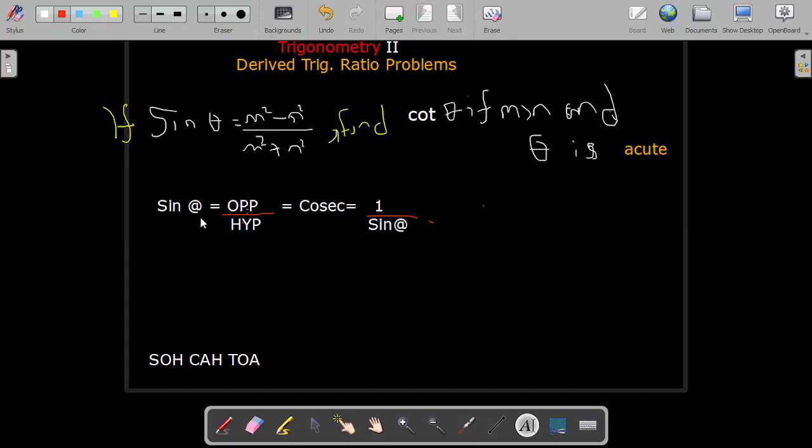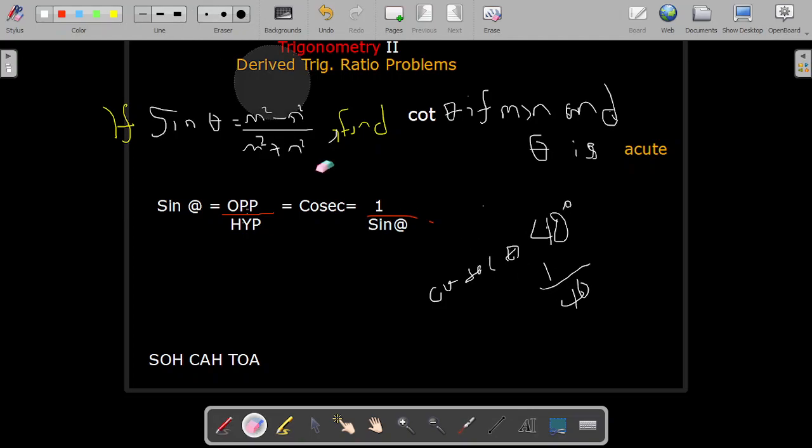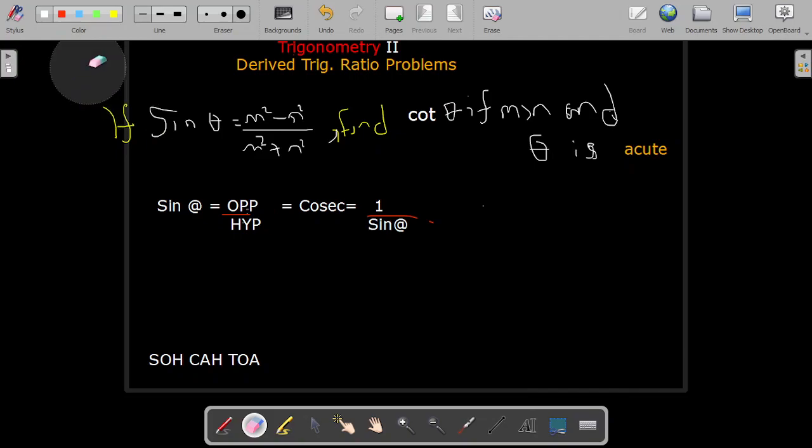That means if sin theta is equal to 40 degrees, therefore cosec of 40 is going to be 1 over 40. That's what it implies. So it is the reciprocal of sine.